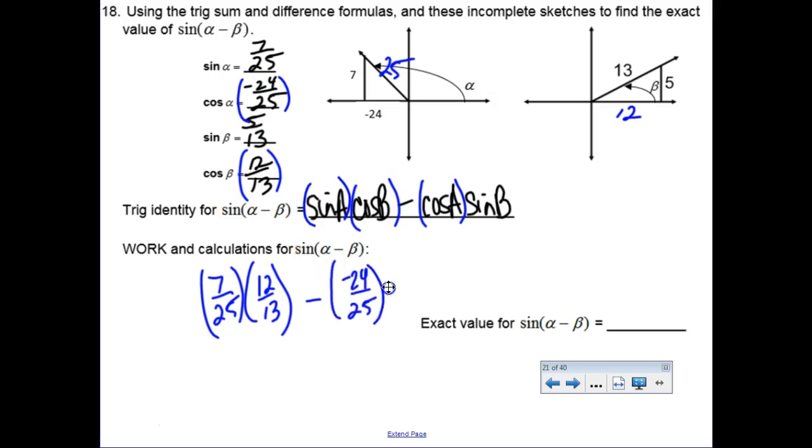And then sine of beta would be this guy, 5 over 13. And we very carefully type this in our calculator. Math enter to get back to a beautiful fraction, and I never did that. So let me type that in real quick. 7, negative 24, 25.